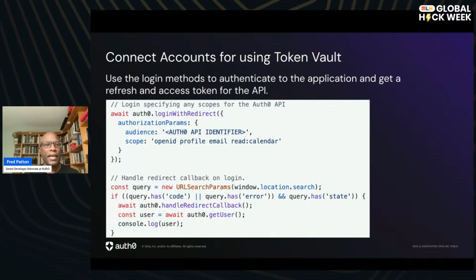And then we can handle basically the redirect callback on login and move forward. So it's just a little bit more extra steps to be able to get so much more protection.